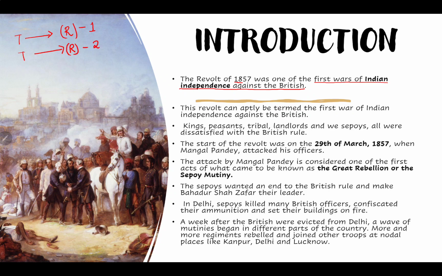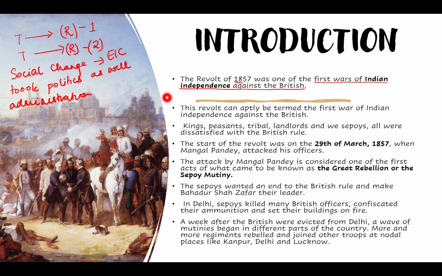After that we studied the social changes that occurred when the East India Company took over India, in politics as well as administration. So it's very easy for you to understand. What are the changes?